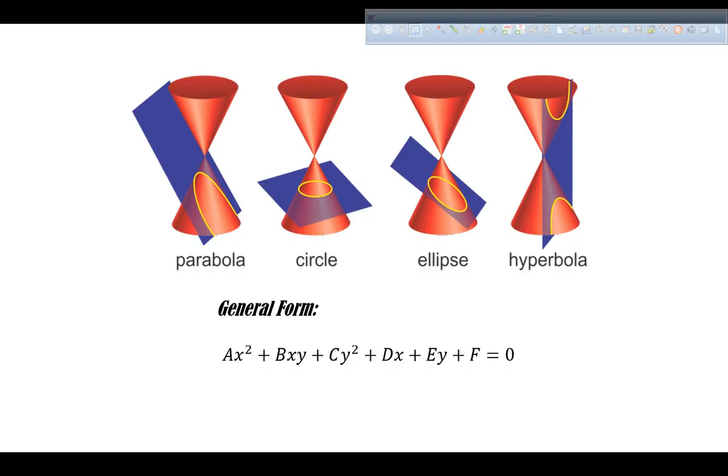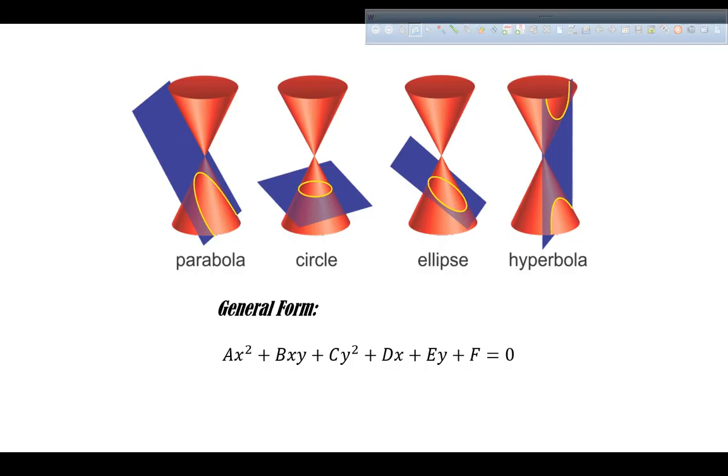We're not going to concern ourselves with bxy because that's a rotated hyperbola or ellipse, meaning it's not parallel or perpendicular to the x and y axes. We used to teach rotating a parabola so it's not exactly vertical or horizontal, but we're not going to do that in this section.